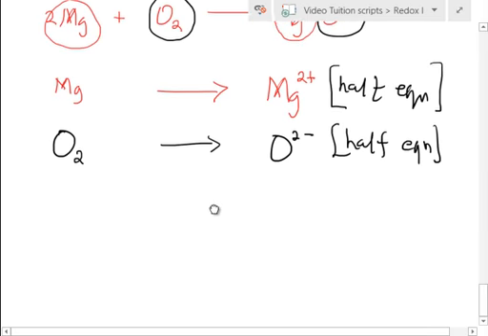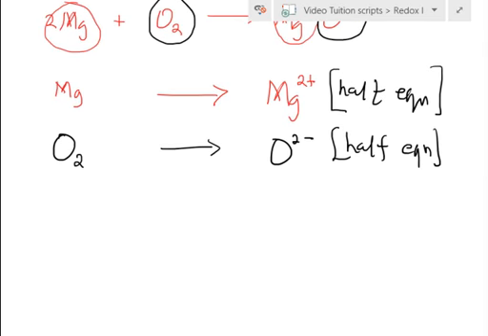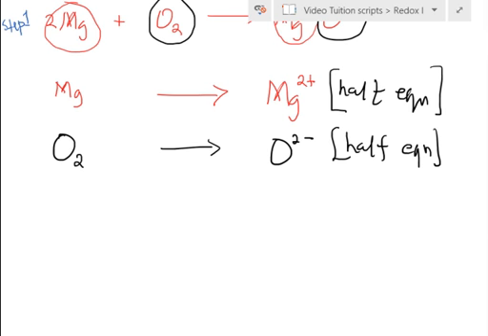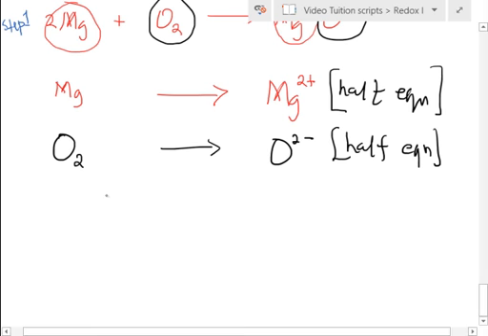So if I call this one step 1, the next step is to balance the equation. The two half equations, we look at them whether they are balanced or not.